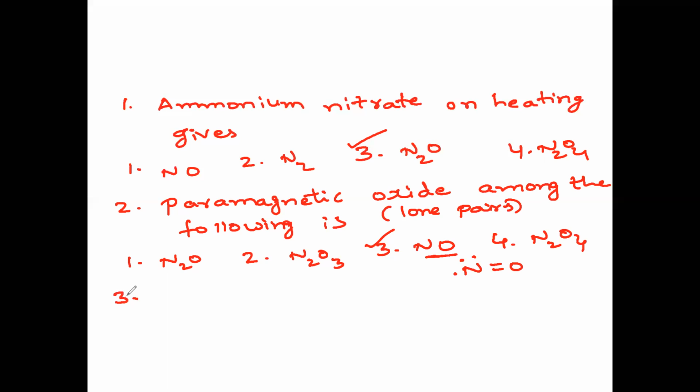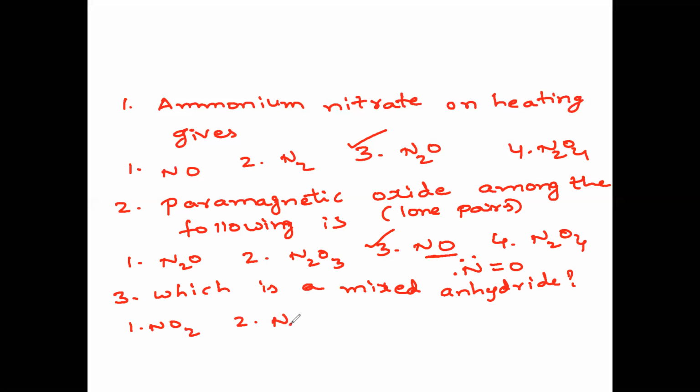Next question, question number 3. Which of the following is a mixed anhydride? Anhydride means removing water molecules, or adding water molecules. First one nitrogen dioxide, second one N2O3, third one N2O5, and fourth one N2O.